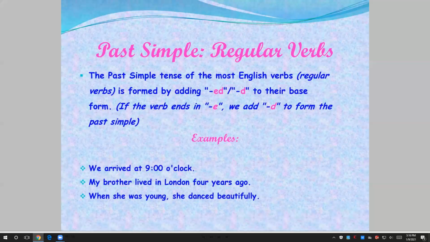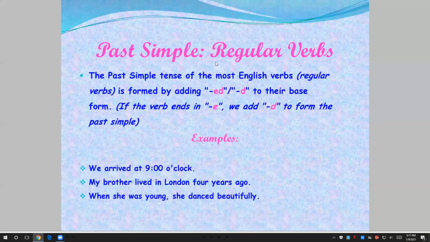So when we have action verbs, keep in mind that these action words like play, go, come, study, all show some action. These verbs can be divided into two broad categories: regular verbs and irregular verbs.